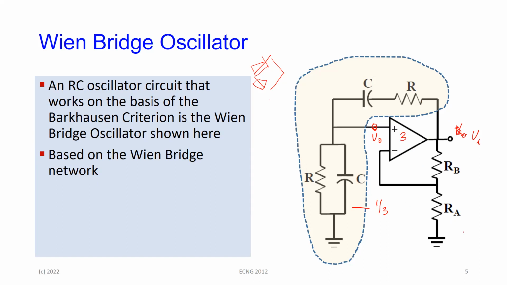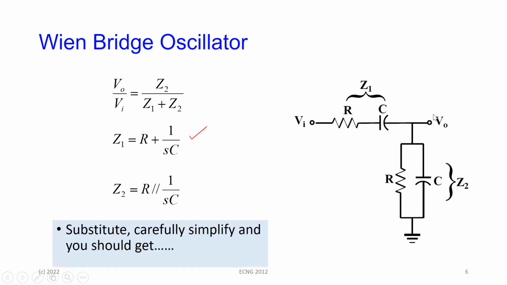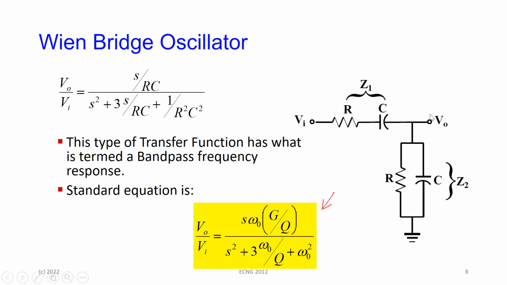So whatever you do with R_B and R_A is supposed to give this. This is a non-inverting amplifier, and notice that we have the positive feedback here. The gain here is equal to 3. The gain of the network here is 1/3. So 3 times 1/3 is going to give us the loop gain of 1.